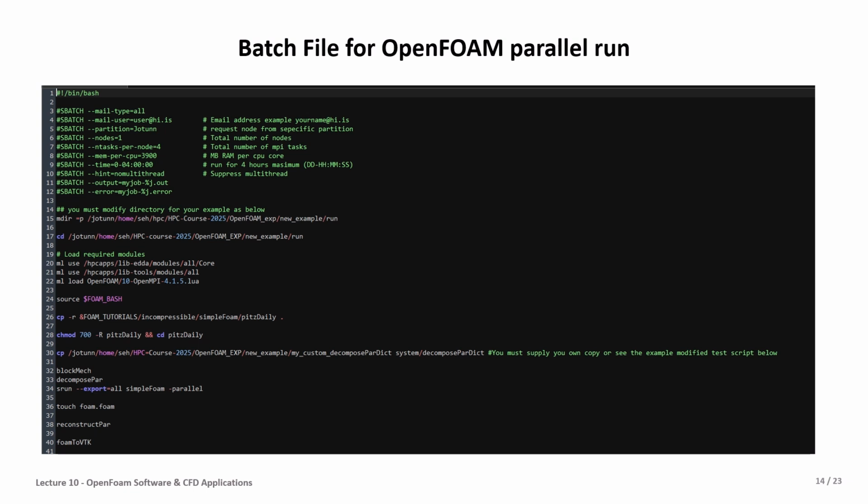Then it will collect all information in one domain and one result. And we can use the visualization with the command of the form to VTK, which is converted to visualize it, and we can use ParaView. Then these steps are presented in this batch file, and you can use it. And I will share the original file on the canvas, and you will have access to use this batch file.